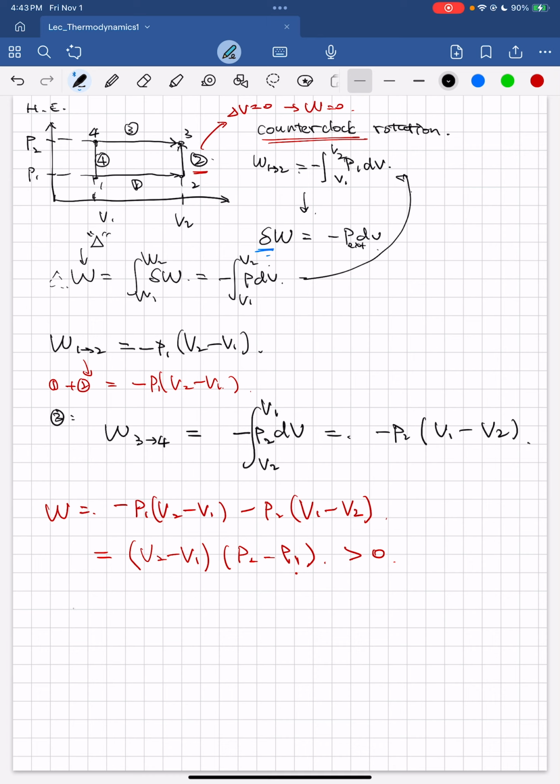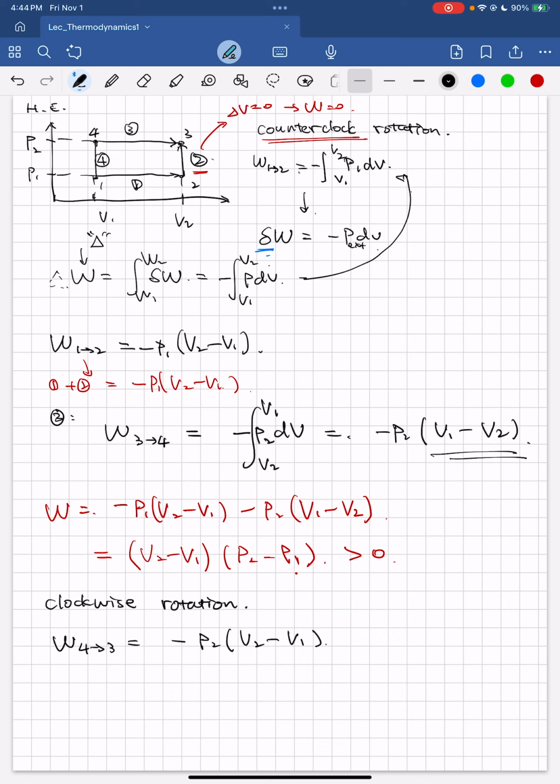Now if we do a clockwise rotation, then all these signs are going to be opposite, obviously, because when we think about from 4 to 3, it's going to be minus P2 (V2 minus V1).